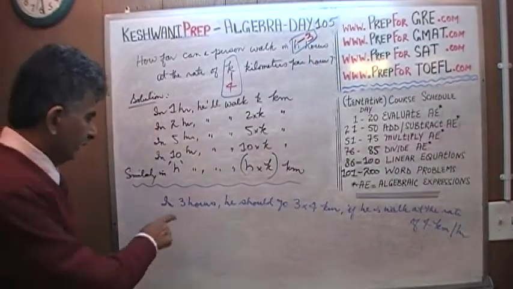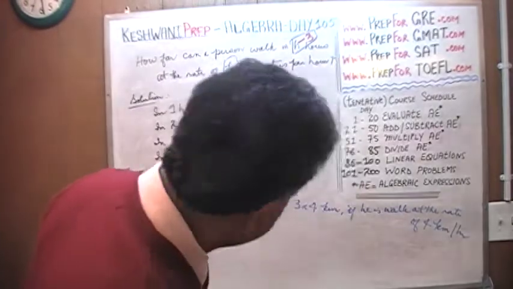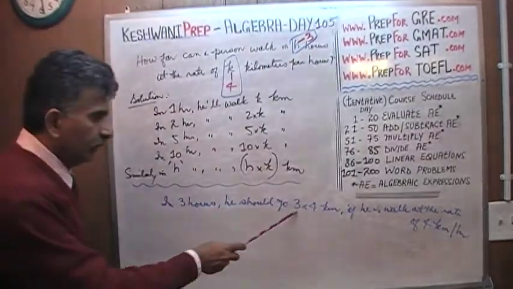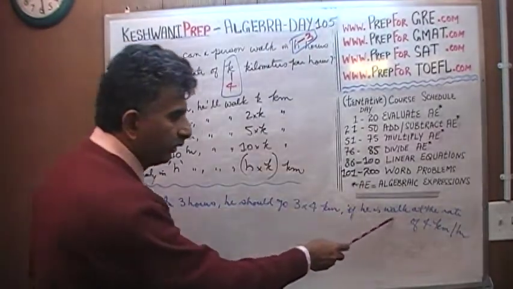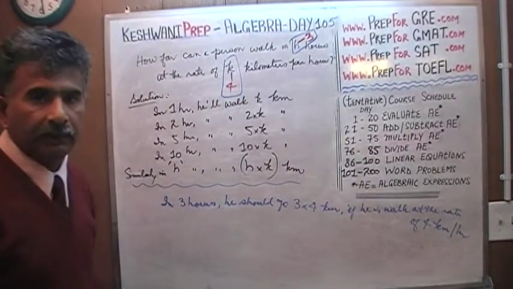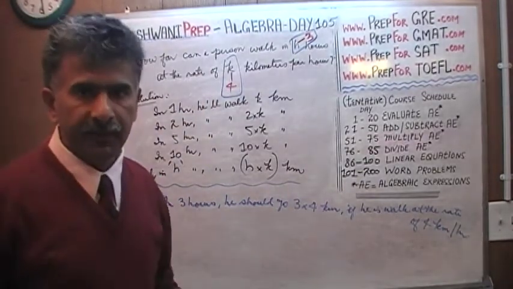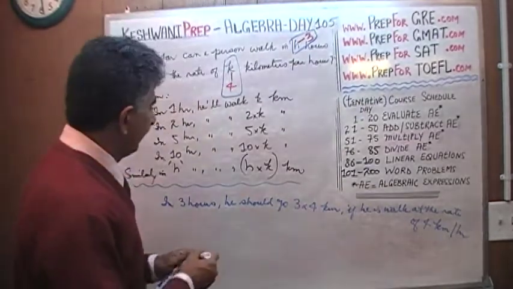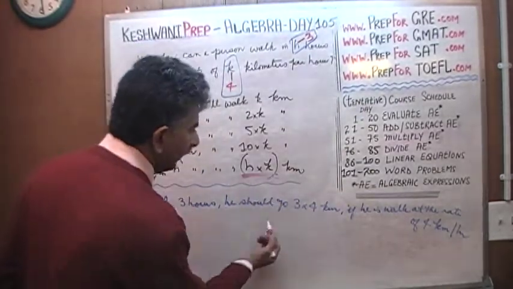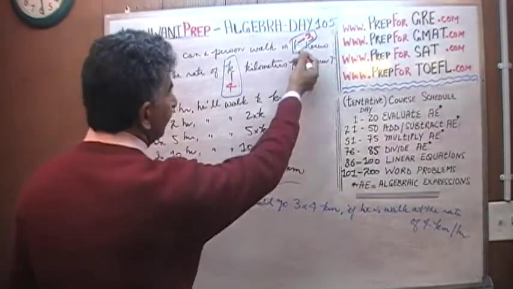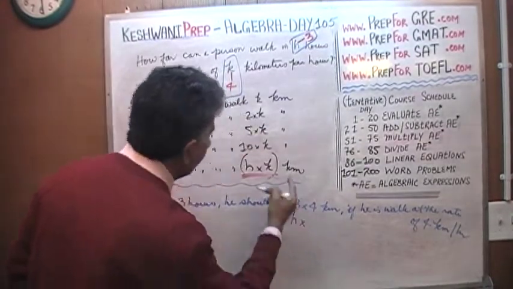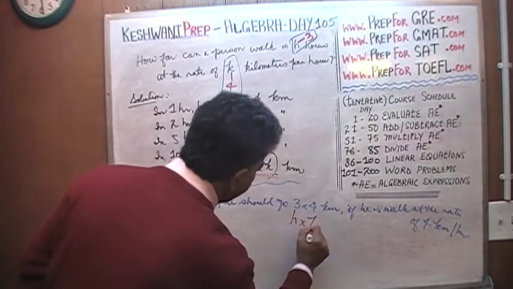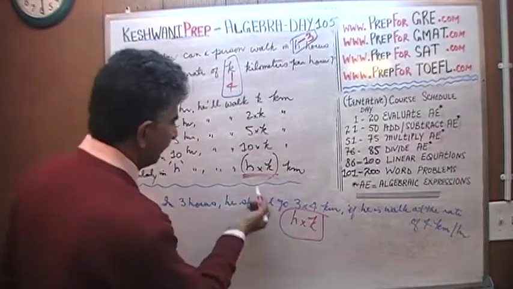Makes sense. At the rate of 4 kilometers per hour, in 3 hours, you'll go 3 times 4, 12, which is the same as what we got here. Remember, our 3 is h, and our 4 is k. There you go, h times k.